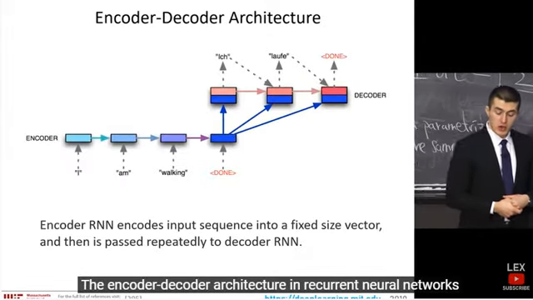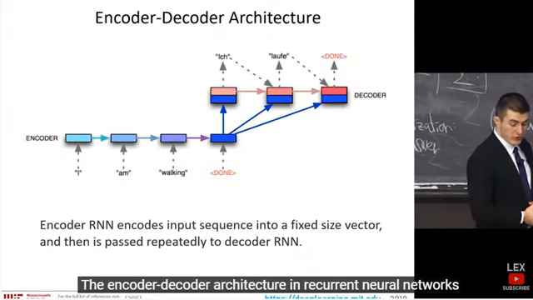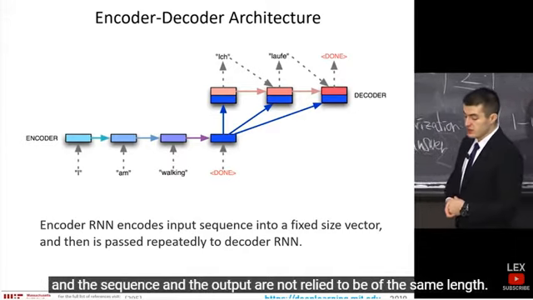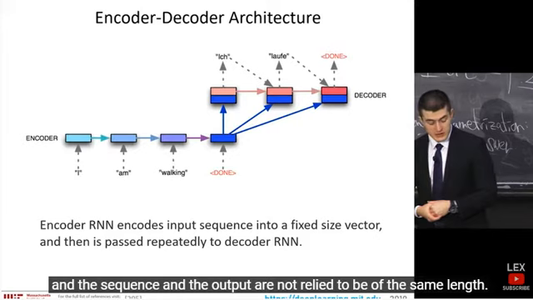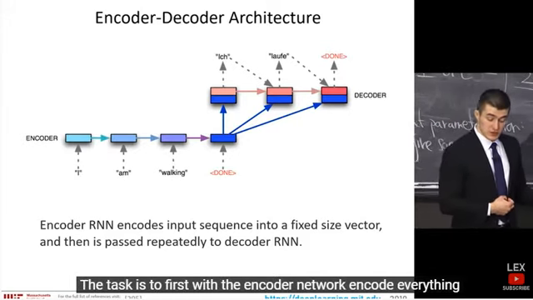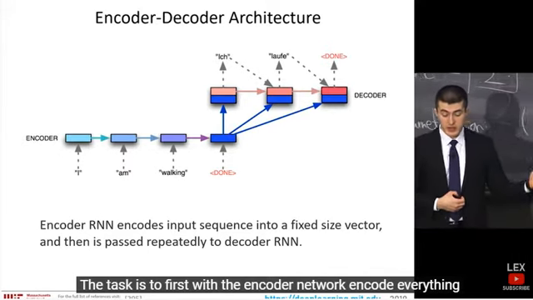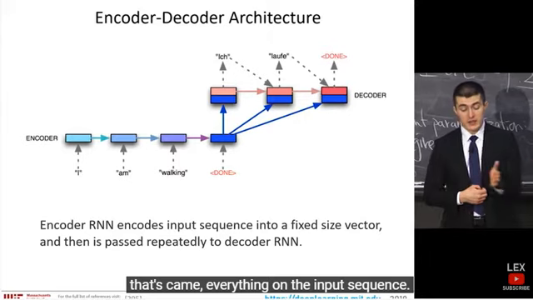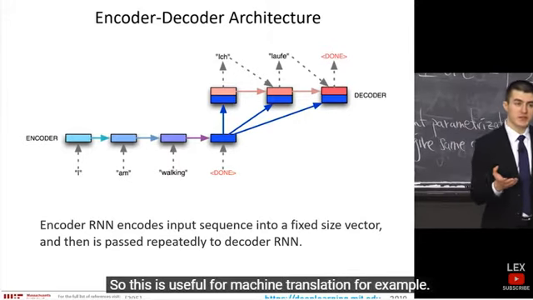The encoder-decoder architecture in recurrent neural networks is used very much when the sequence on the input and the sequence on the output are not required to be of the same length. The task is to first, with the encoder network, encode everything in the input sequence. So this is useful for machine translation, for example.